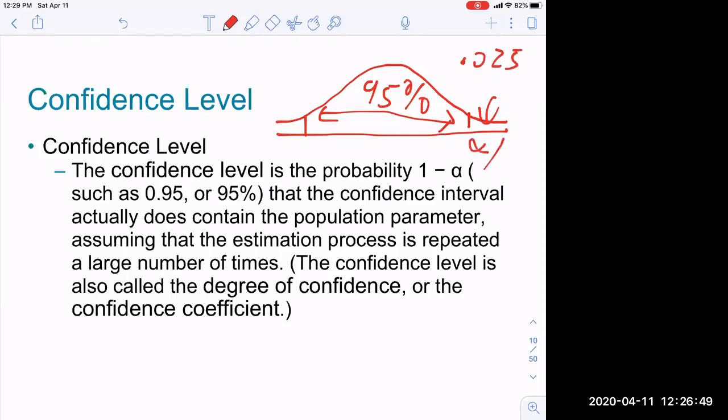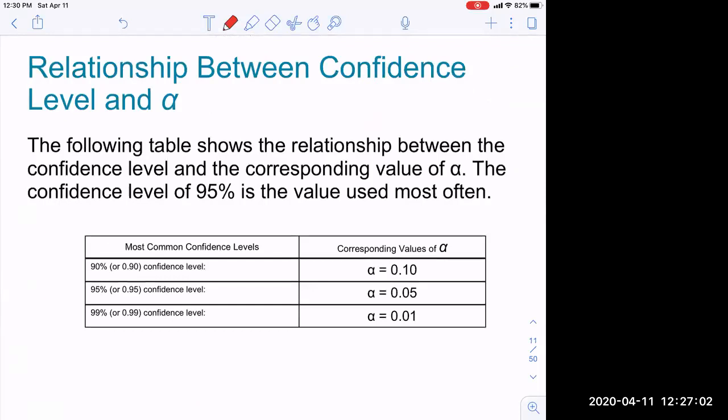And so that's alpha over 2, and the same thing over here. Here's some alphas that correspond. There's just one subtract. Alpha is the confidence interval. It's a complement, right?